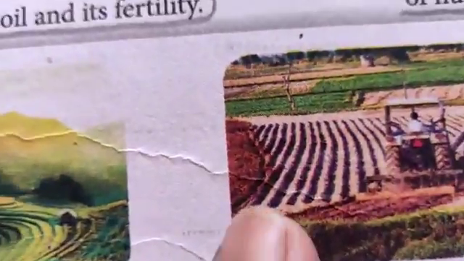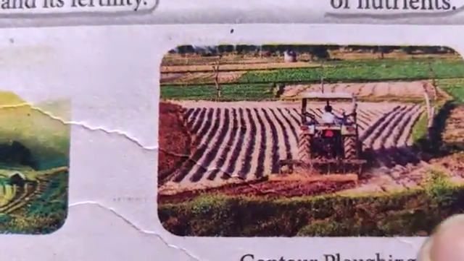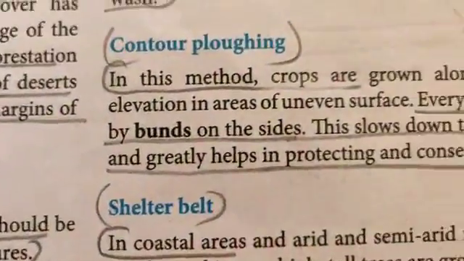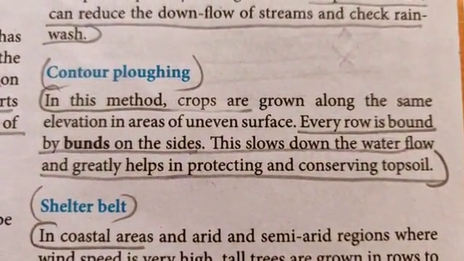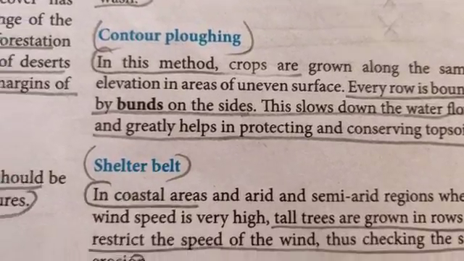See, and these embankments, these bunds, can be a line of bushes or small trees growing over there. People even use sandbags or rocks to create a small wall to stop the flow of water. Now this slows down the water flow and greatly helps in protecting and conserving topsoil.